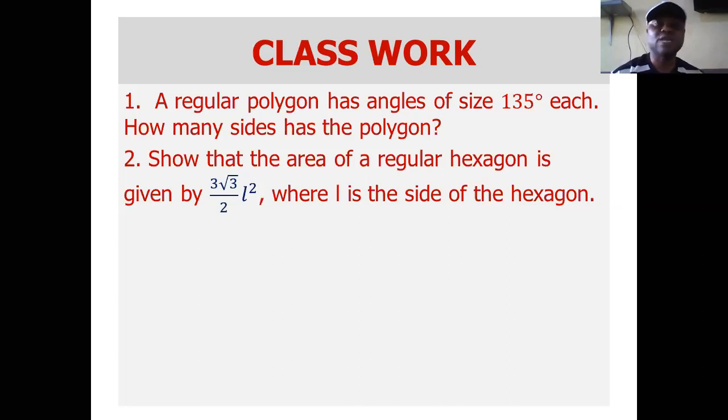So I want you to try out, get the diagram, and then show that the area is actually equal to 3 root 3 over 2 times L squared, where L is the side. Okay, guys, I'm waiting for you to finish this, and don't worry, I'm going to guide you. I'm going to show you what to do and how to arrive at the correct answer.